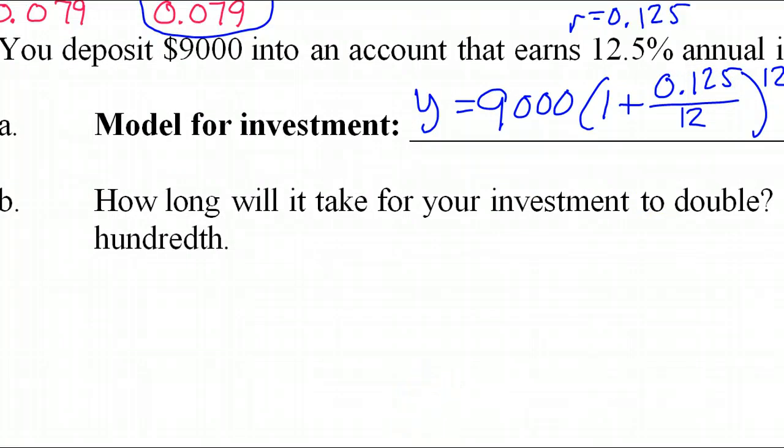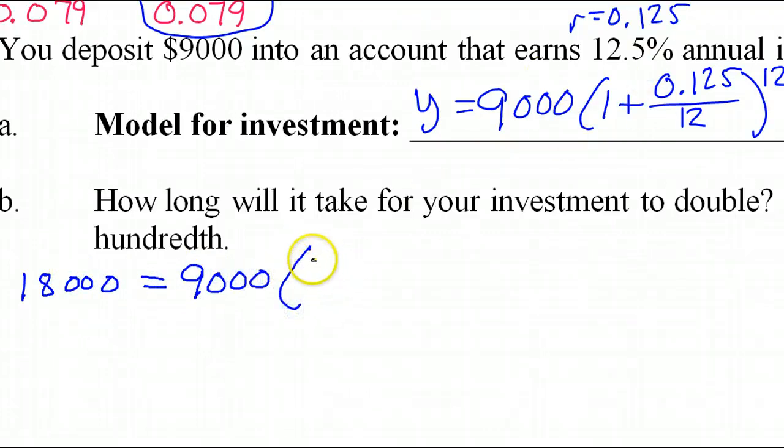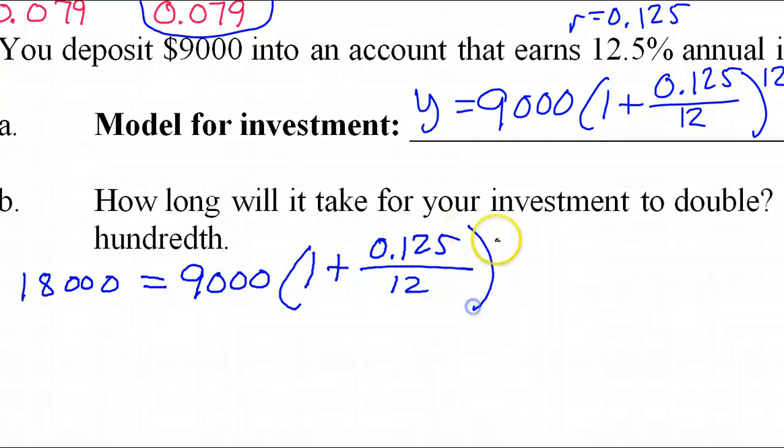Anyway, how long will it take your investment to double? Well, if we started off with 9,000, if it doubles, that will be 18,000. So that 18,000 will be the eventual amount y. So we'll have 18,000 is equal to 9,000, or I'm just writing down the rest of the model here, 1 plus 0.125 over 12 to the 12t power.